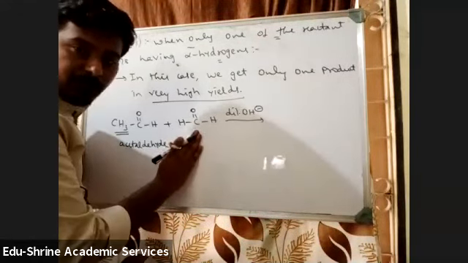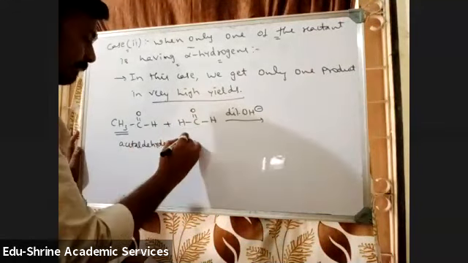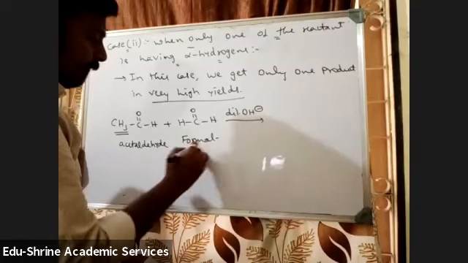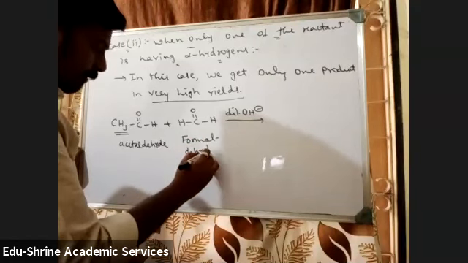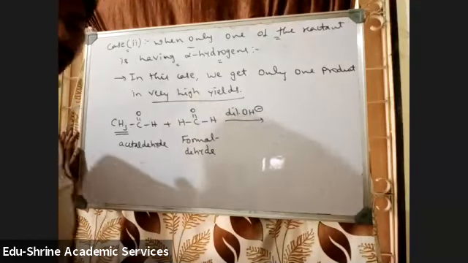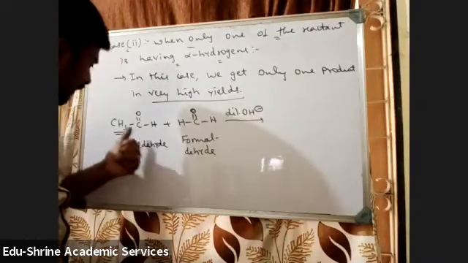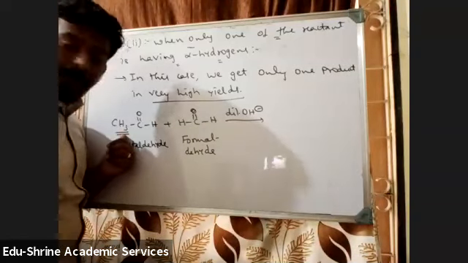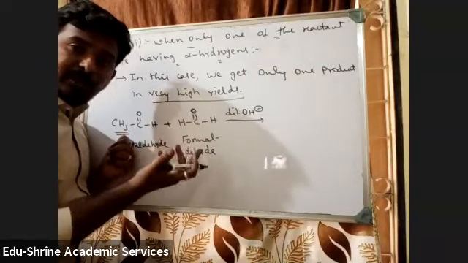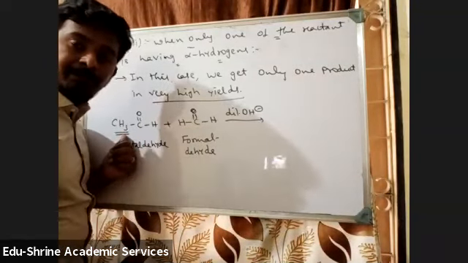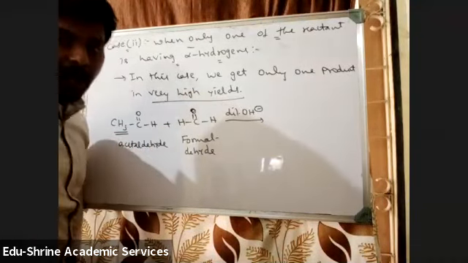No alpha hydrogens will be present in formaldehyde. Okay, now. Definitely the base must attack only this one. There is no chance that the base can attack this one because it is not acidic, because it is not containing any alpha hydrogens.